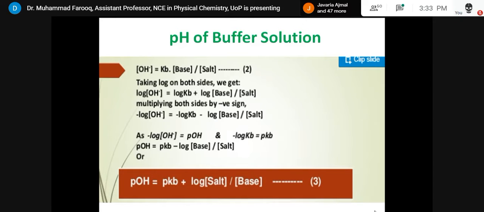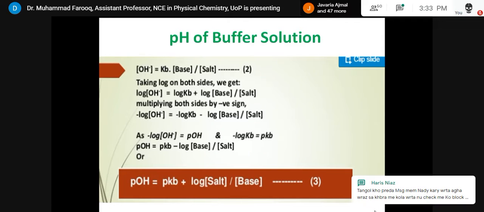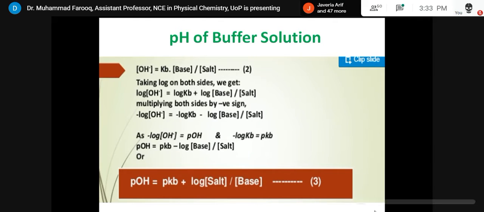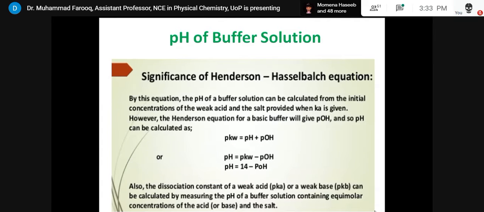A is for the acid, B is for the base. So I can write pOH is equal to pKb minus log of base divided by salt. Or if we invert this one, pOH is equal to pKb plus log of salt divided by base. This clear or not? The same way as we have done for the acid. Yes, sir. Clear to all of you? Yes, sir. Okay.